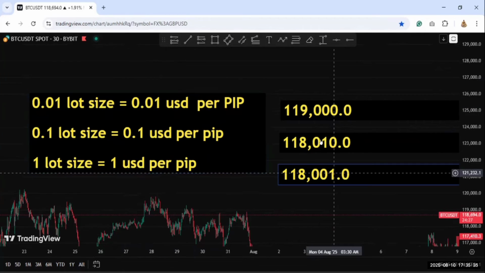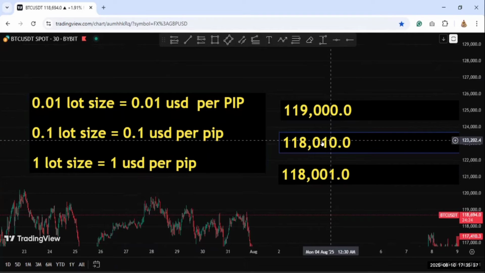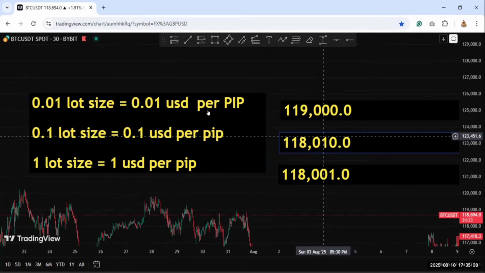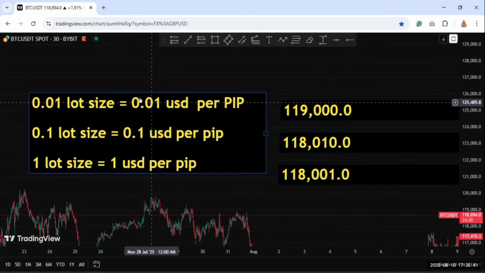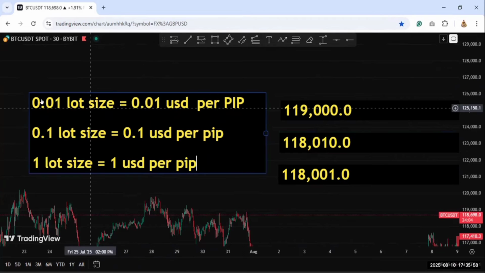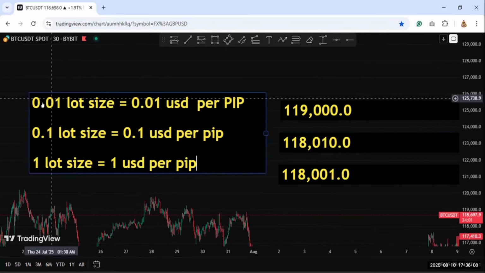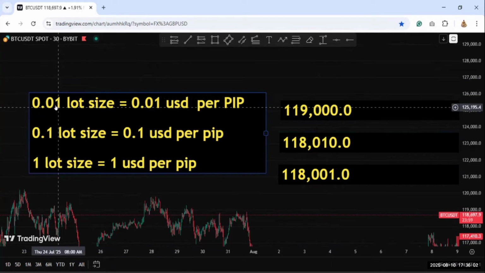Which means if the price moves in your favor by 10 pips here, you are going to have 0.01 times 10, which will give you $0.1 if you are using a 0.01 lot.